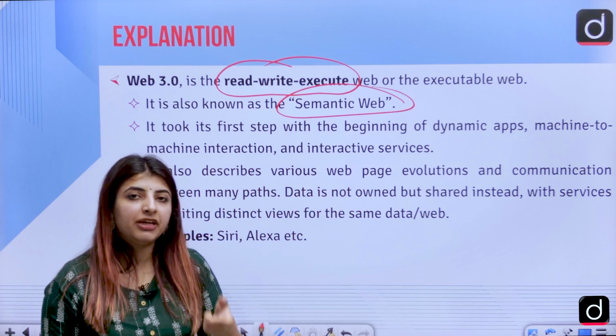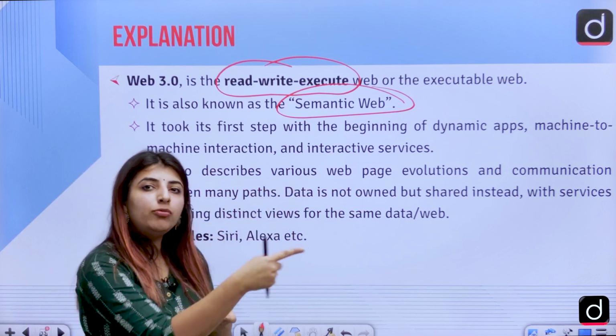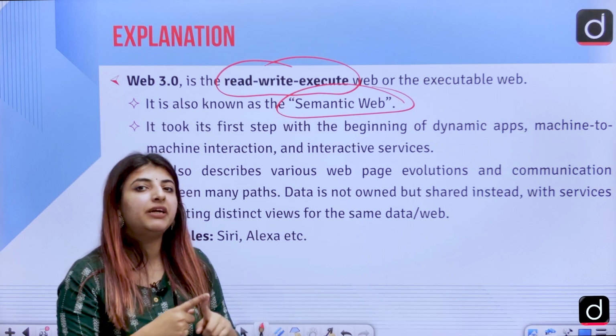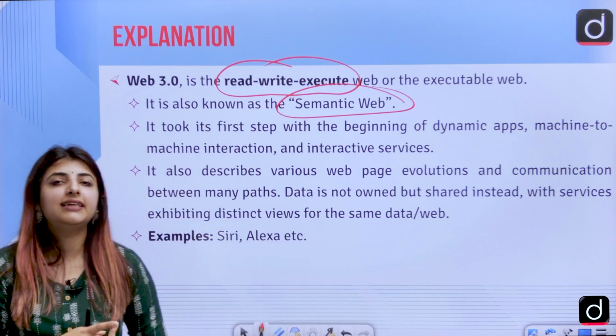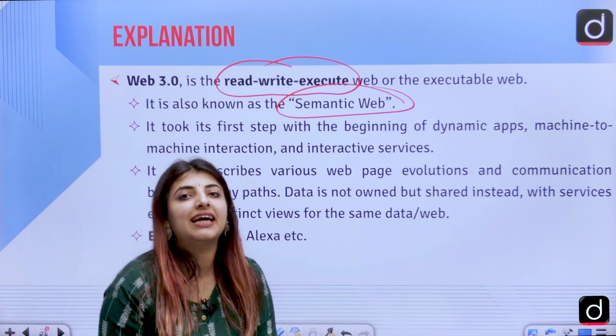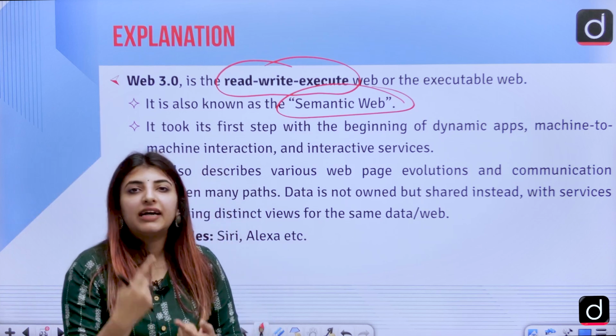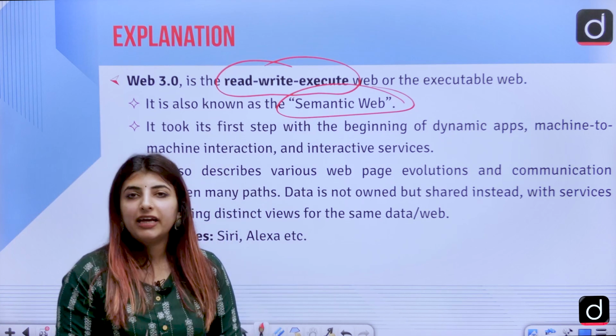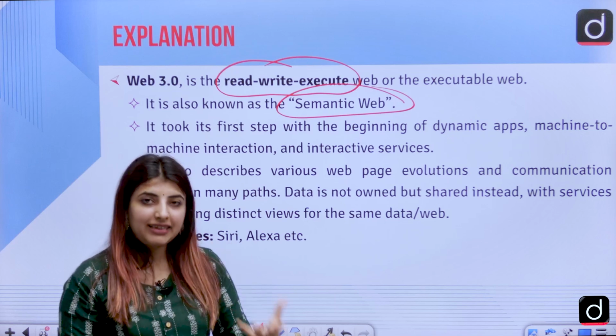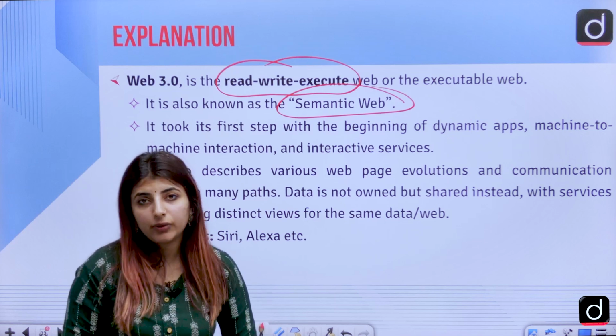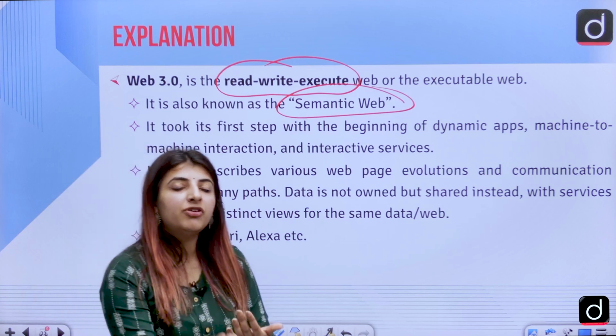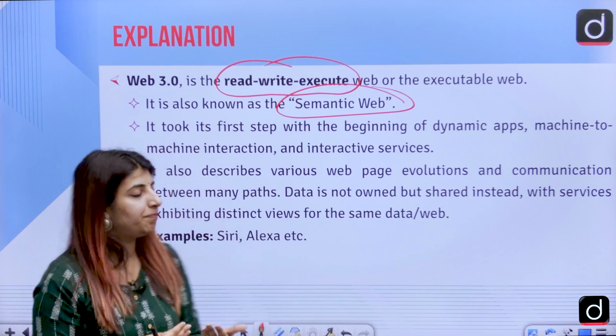If I press something on the AC remote, the machine to machine interaction on the AC is being done, right? Of course, another example could be a human interacting with a machine by just uttering certain words. For example, I gave you the example of Alexa, Siri, right? We have Google Assistant as well, right? So I'm asking questions to a machine and it is responding back to me.